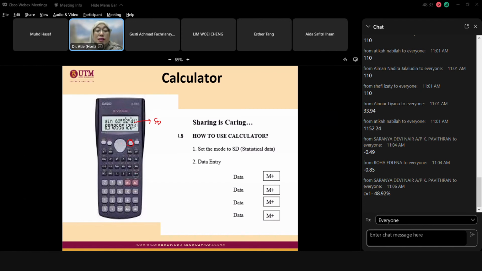Then you will see SD appear on your screen. It means that it's already in the statistical data mode, right?